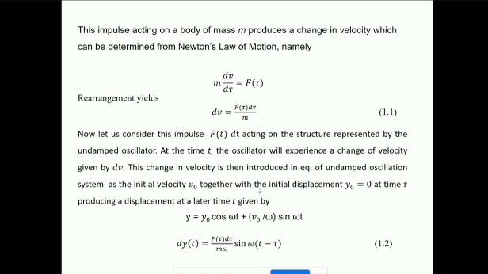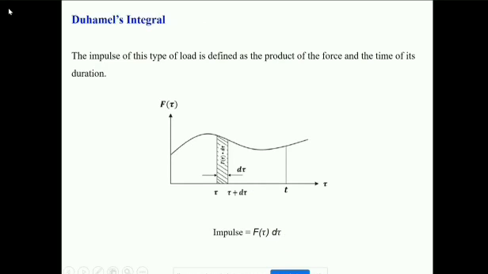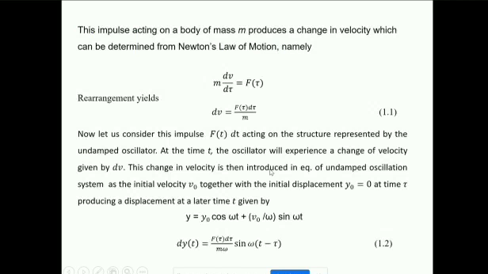For the time being, I'm thinking that only this strip, this impulsive load, is there. For this impulsive load, what will be the response at time t? That impulsive load will create a change in velocity dv, which is equal to f(tau) d tau over m.